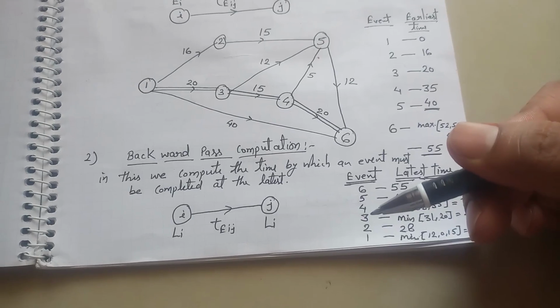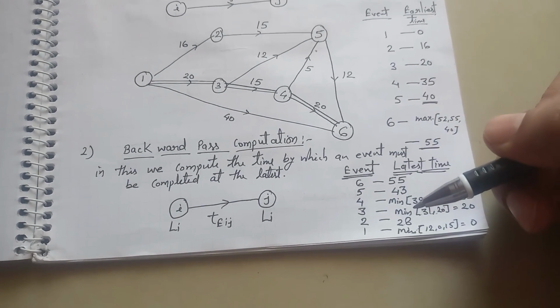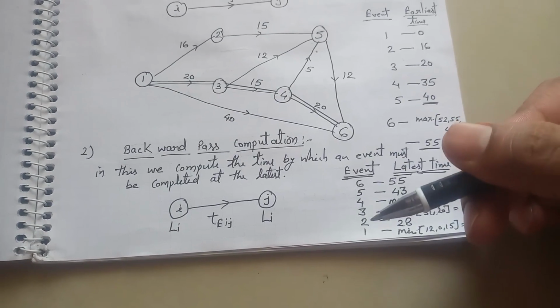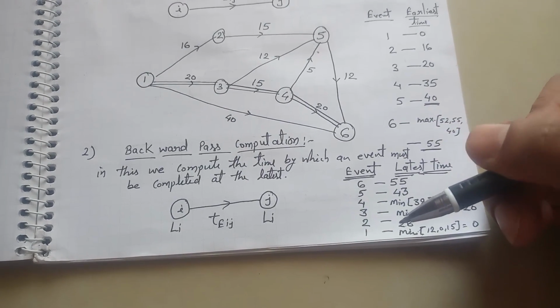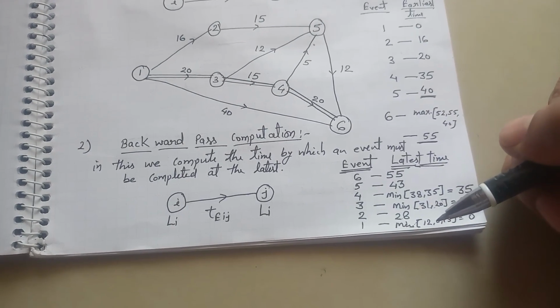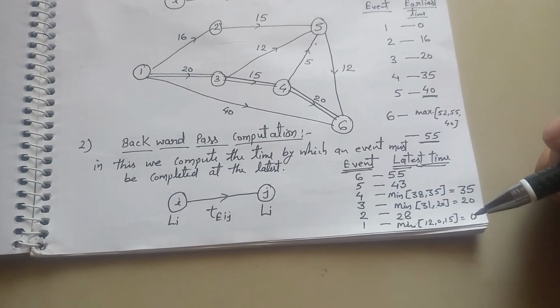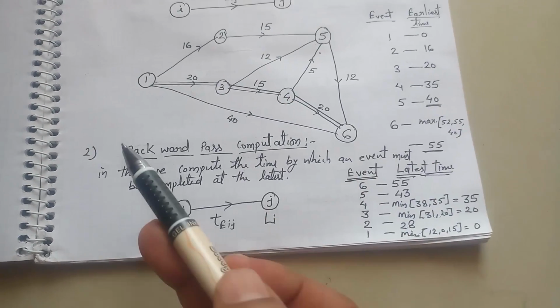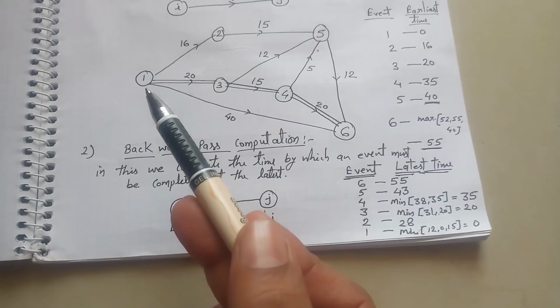Similarly for event 3 we select the minimum time, 31 or 20. We select 20. For event 2 we have 28, and for event 1 we take the minimum, like 12, 0 or 15. So we select 0, the latest time for event 1 where we started from.